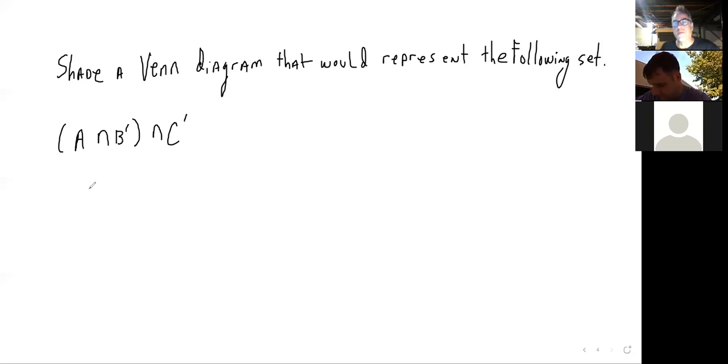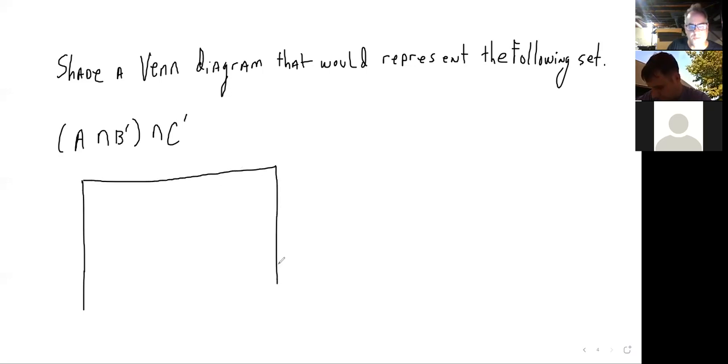It does require that you know the set operations, though, and what they do. So the first thing I'm going to do is draw a Venn diagram with 3 sets. So if you have 3 sets within a universal set, draw yourself a big box representing the universal set.